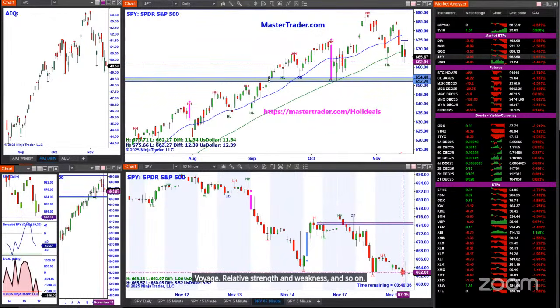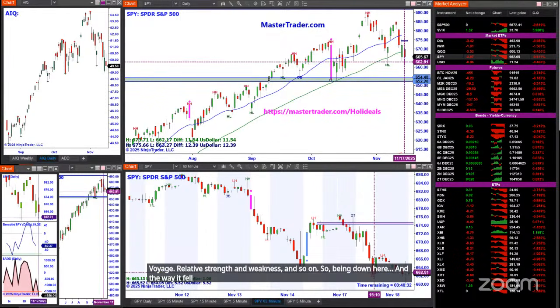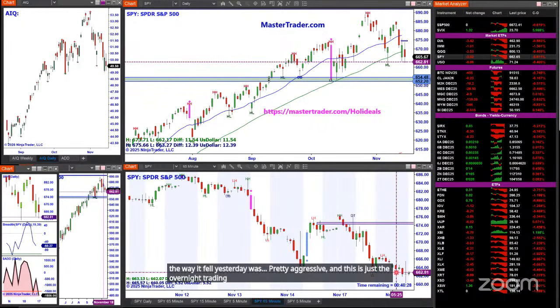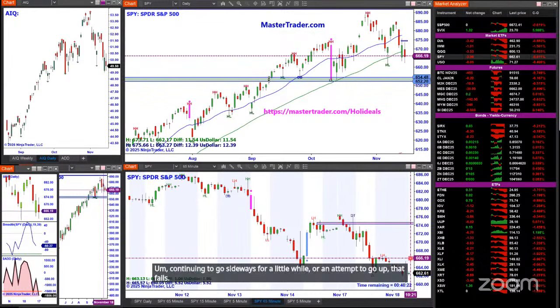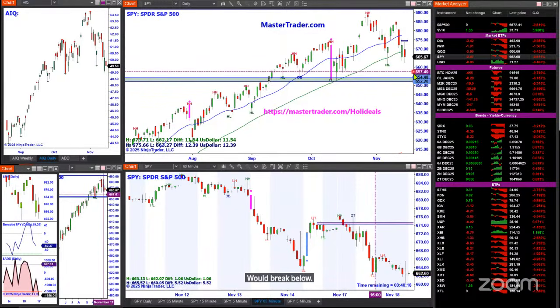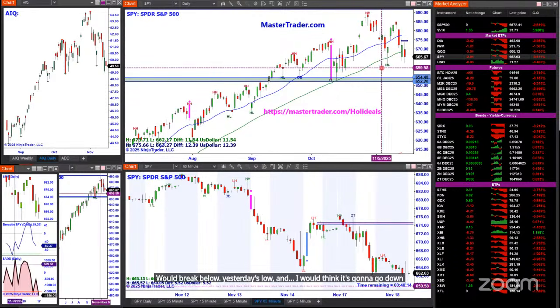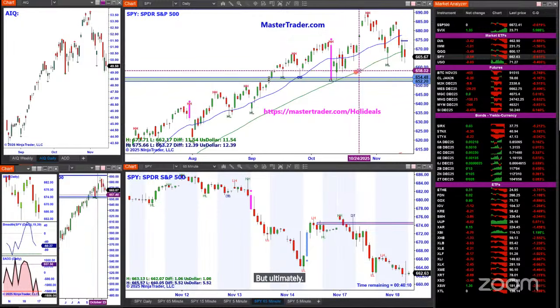So being down here, and the way it fell yesterday was pretty aggressive, and this is just the overnight trading, just stabilize here. Continuing to go sideways for a little while, or an attempt to go up that fails, would break below yesterday's low, and I would think it's going to go down, 660s lined up with something, but ultimately down here.